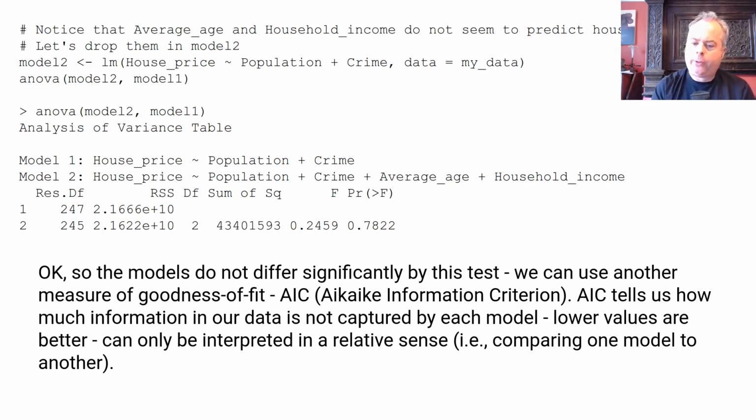So absolute AIC values by themselves don't tell us anything. You can only interpret AIC values relative to each other. So you can build 2 or 3 different models, or actually many different models, on the same data set, calculate the AIC value for each model, and then if you're doing it on the basis of AIC selection, you'd select the model which has got the lowest AIC value.